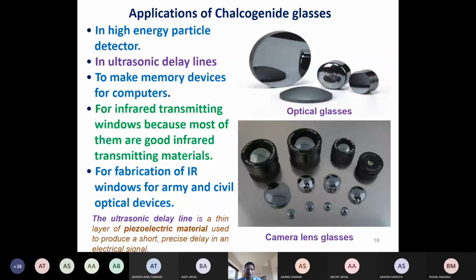Applications of chalcogenide glasses are in high energy particle detectors, in ultrasonic delay lines given in the previous slide, and to make memory devices for computers, for infrared transmitting windows, because most of them are good infrared transmitting materials, for fabrication of IR windows for many army and civil optical devices.